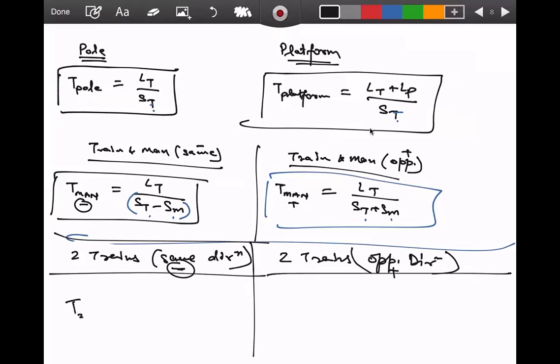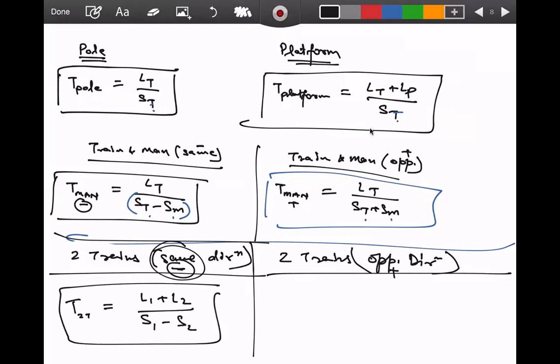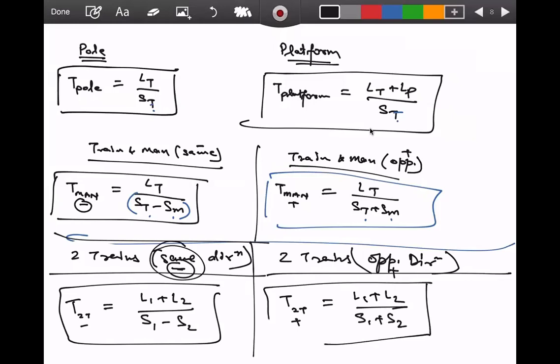So two trains, L1 plus L2, lengths are added. Same direction, speed of faster train minus speed of slower train, of course. Then two trains in opposite direction, lengths are again added, speeds will be added. In this case, of course, 5/18 again to convert it into meter per second.